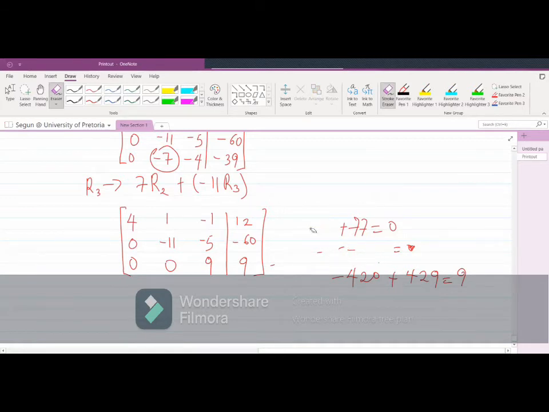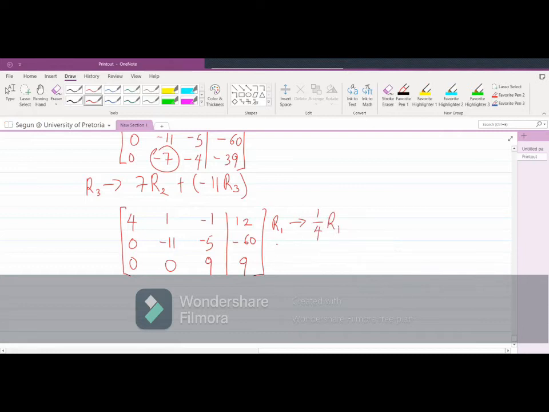How do you make all the diagonal elements 1? We divide by the coefficient, sir. Yes, divide by the coefficient. That's all. So row 1 will be 1 over 4 row 1.